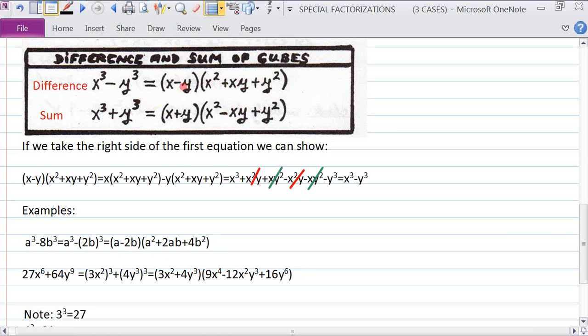So you can see that this minus is the same as this minus, but if this is minus, then this becomes plus, and we're really taking the product of this term and that term, and the product of a and 2b is 2ab. And then finally, the last term is this term squared, which is 4b squared.